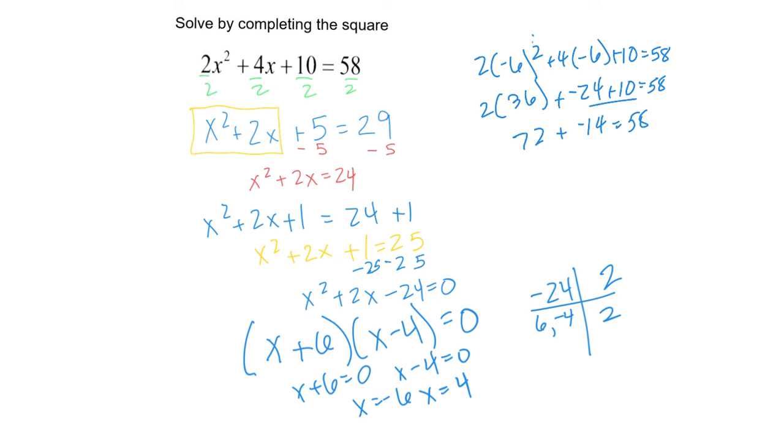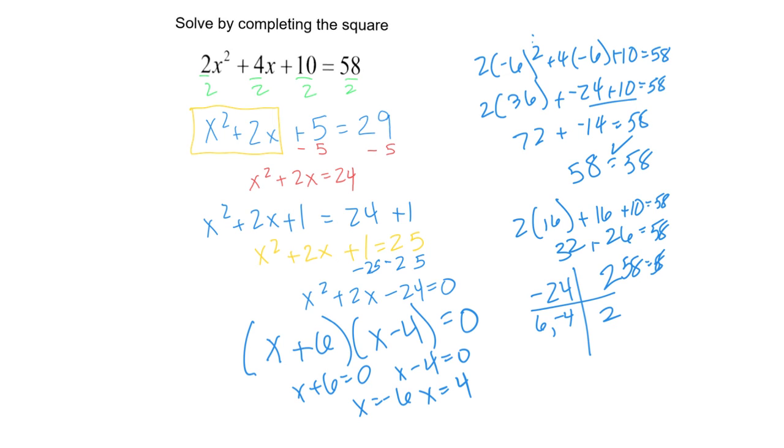I combine those two. 58 equals 58, so that checks. Now I'm going to do 4. 2 times 4 squared, 16, plus 4 times 4 is 16, plus 10 equals 58. Yep, that checks too. So I just checked, and that's the right answer.